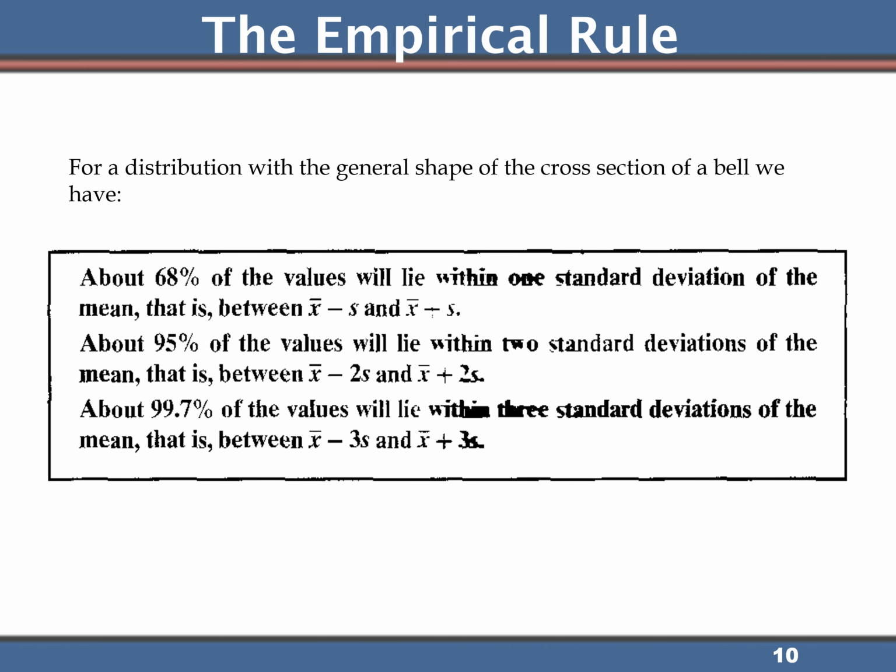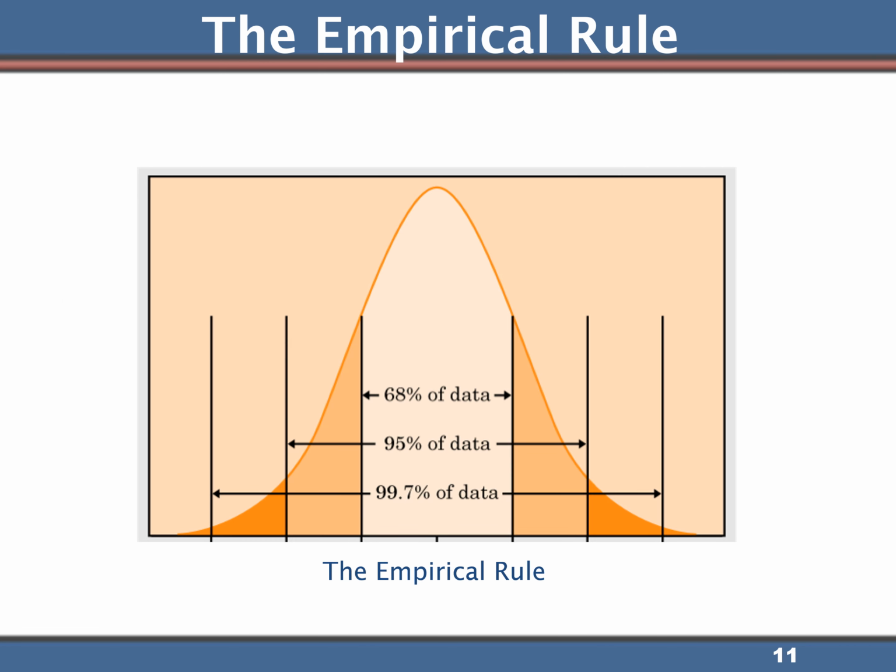If the distribution has the general shape of a cross-section of a bell, then we have the following empirical rule: 68% of the values fall within one standard deviation of the mean. 95% of the values fall within two standard deviations of the mean. And 99.7% of the values fall within three standard deviations of the mean. This figure illustrates the empirical rule.